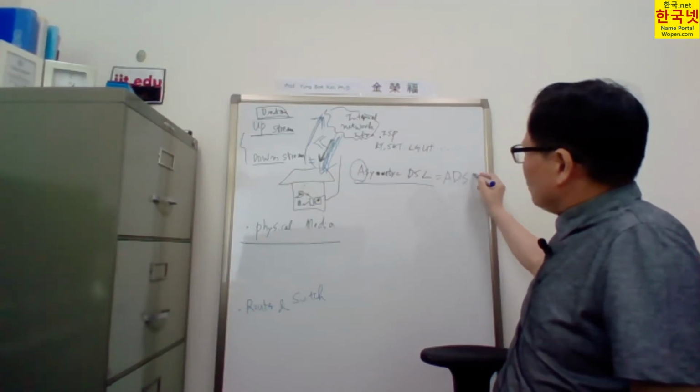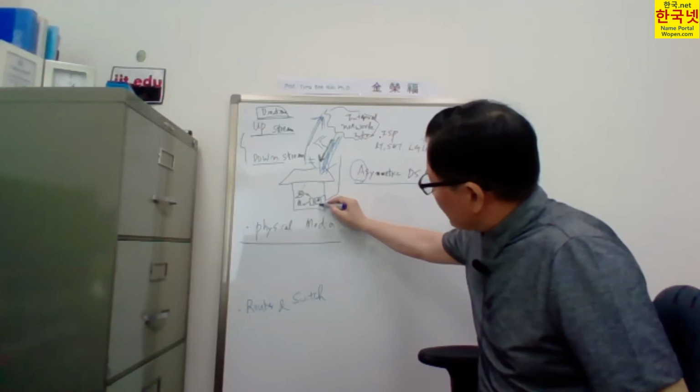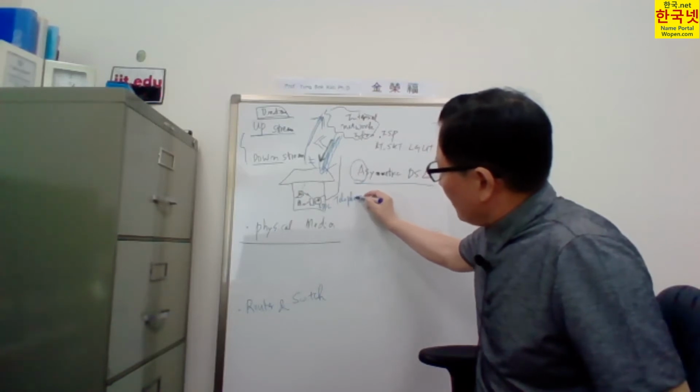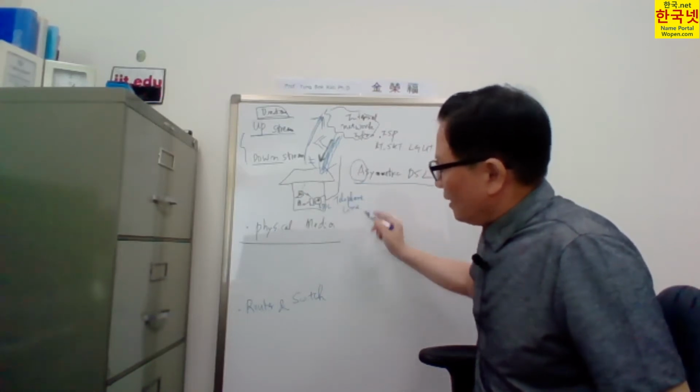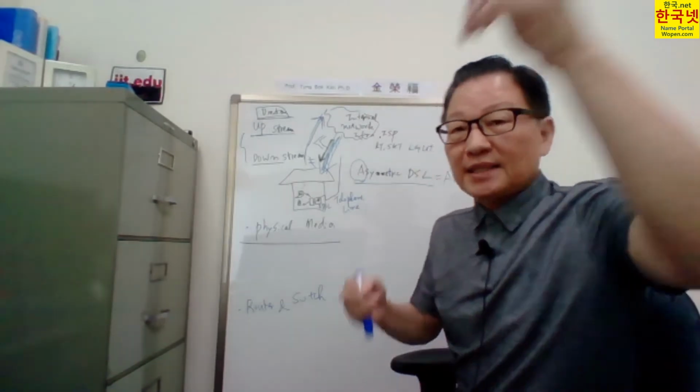Now I am trying to explain about ADSL. You are using an ADSL modem here. If you are using a telephone line, I'll show you later, the physical media. A telephone line is like this.